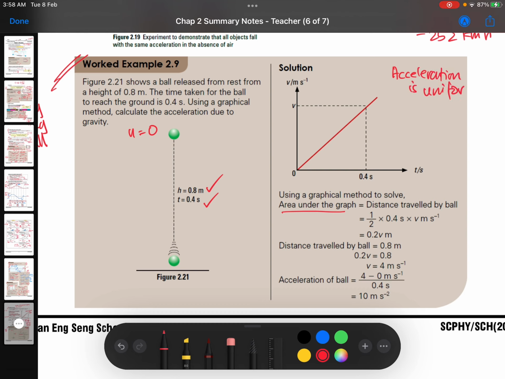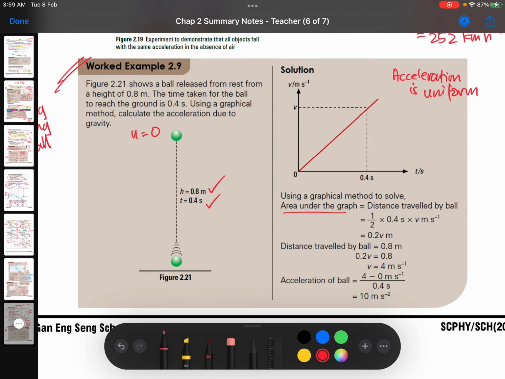Now you know that in 0.4 seconds it covered a distance of 0.8 meters. So the distance traveled by the ball is half times base times height. In this case, this is b and this is h.